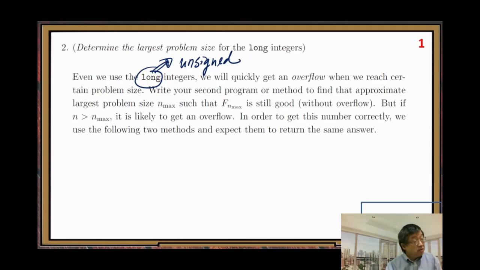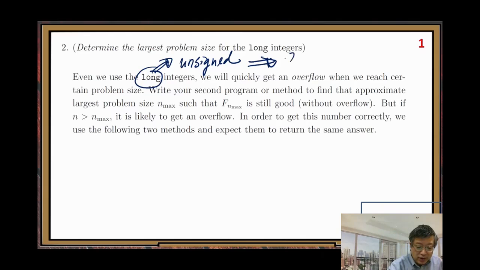With unsigned long we can save that bit. So that is important for us. Remember 8 bytes are used for a long integer.